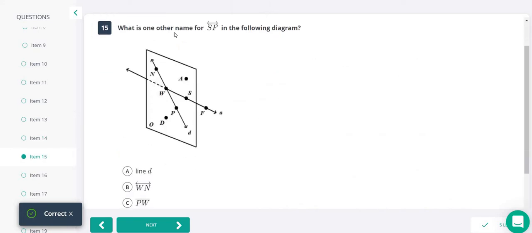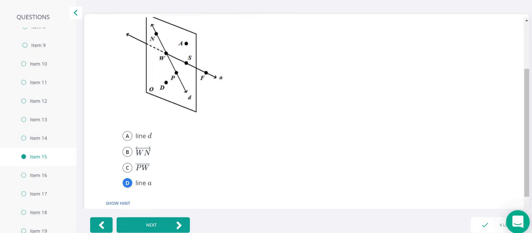All right, what is one other name for line SF? Anytime we have a line, you could say SF, you could say FS, or if you see a lowercase letter right off of the line, that could also be a name.